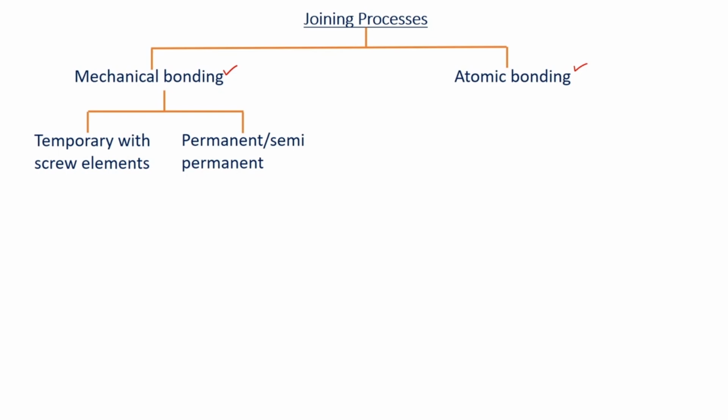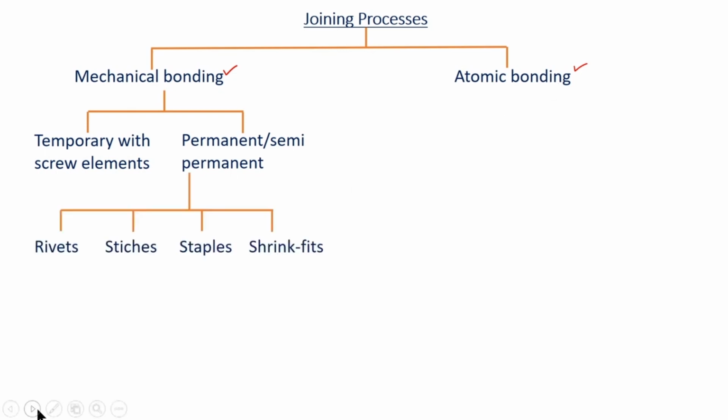But we can have the permanent mechanical bonding as well. For that purpose there are many options available to us. Rivets can be utilized, the work parts can be stitched together, we can staple them together, we can use stapler pins. We can have the shrink fit.